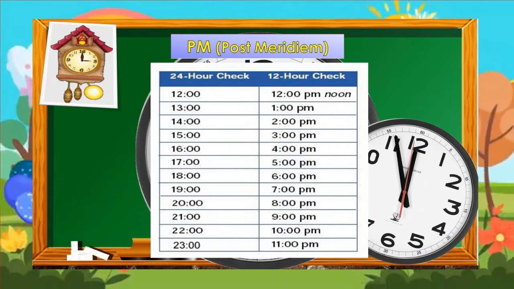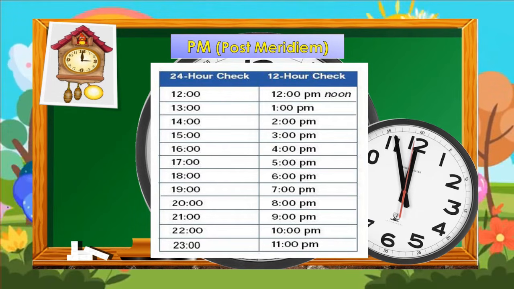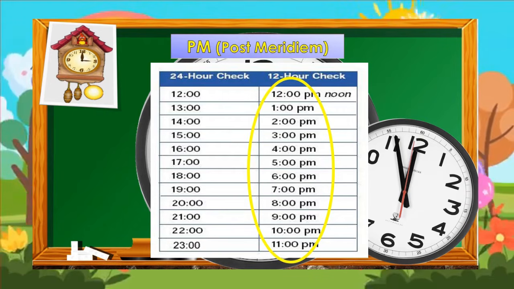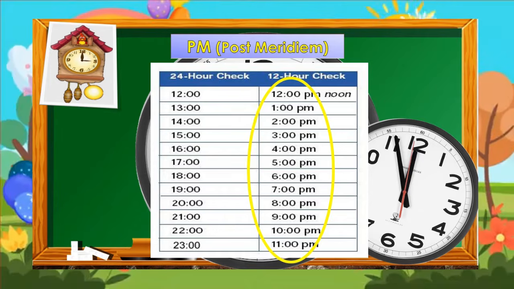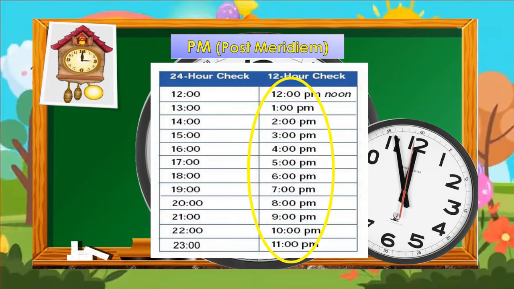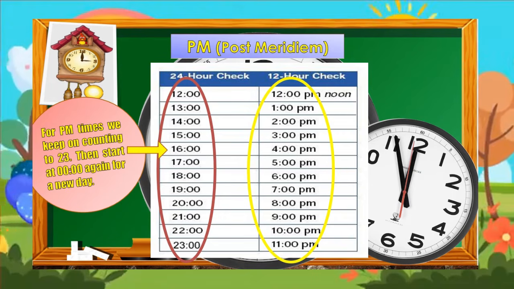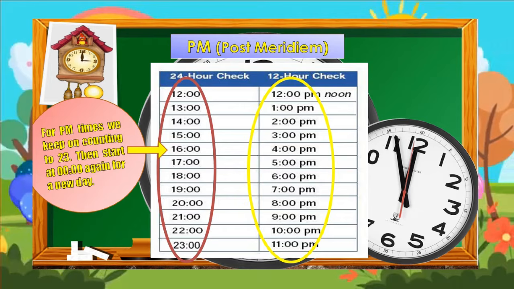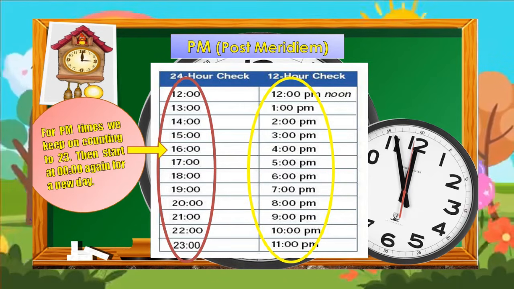Now for post-meridiem, or also known to us as PM, in the 12-hour clock, after 12 PM, the time starts again at 1 PM up until 11 PM. Unlike the 24-hour clock, for PM times, we keep on counting from 1200 hours up until 2300 hours, then start again at 0100 hours for a new day.